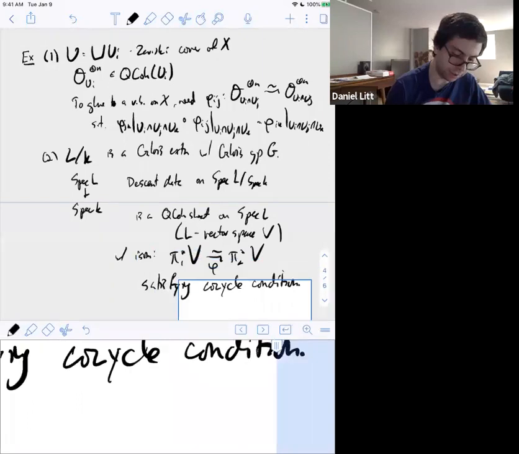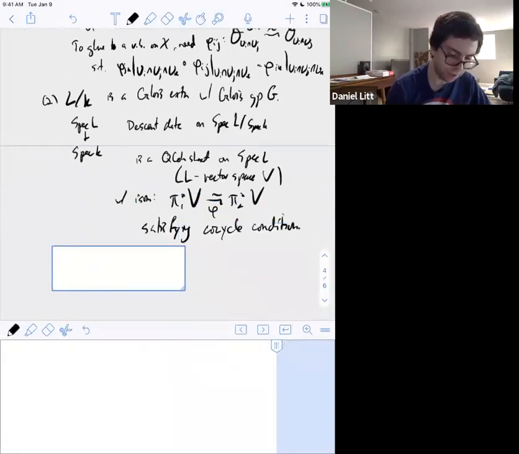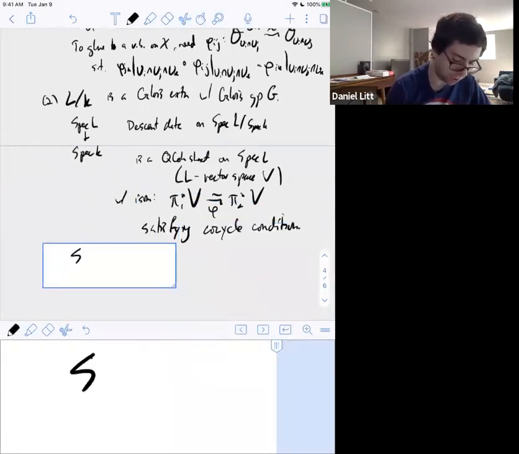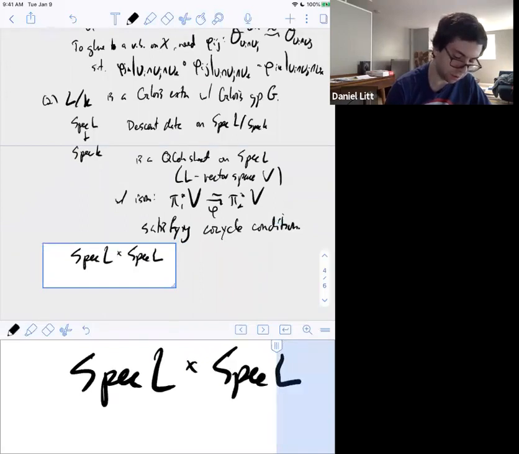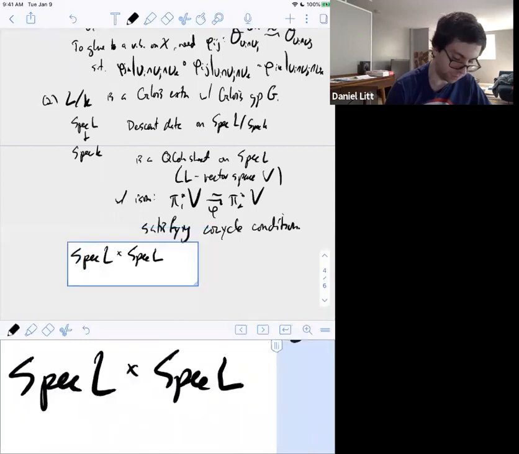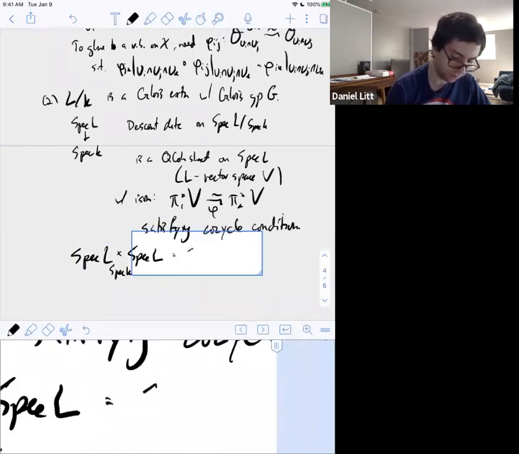Okay, so let's think for a minute about what that means. So what is spec L times spec L over spec K? So this is spec of L tensor L over K.